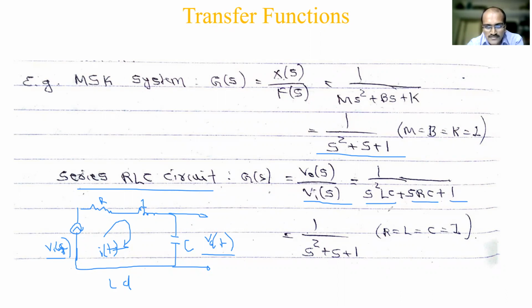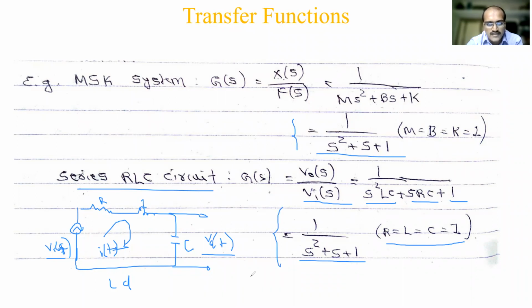Now again, if I consider R equal to 1 ohm, L equal to 1 Henry and C equal to 1 farad, I will get the same 1 by S square plus S plus 1. So the point I am trying to show you here is the third property. Is there any difference between this and this value? Both are 1 by S square plus S plus 1. We have derived this for mechanical and this for electrical.